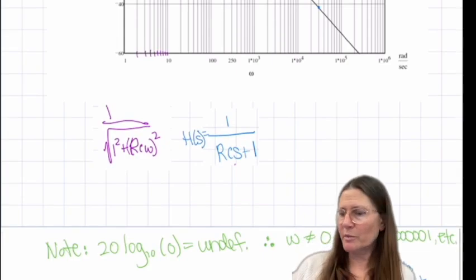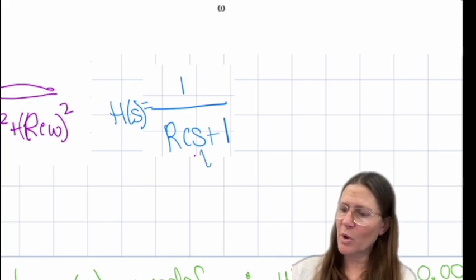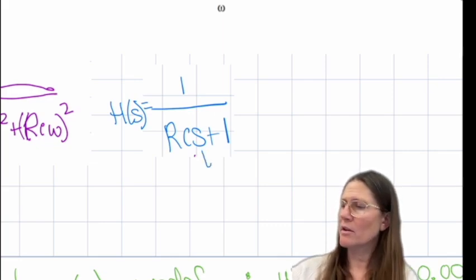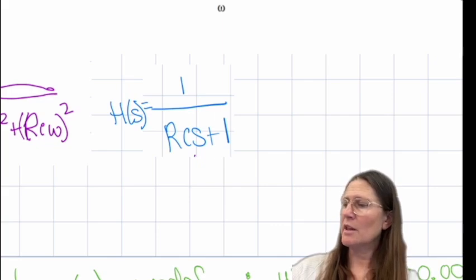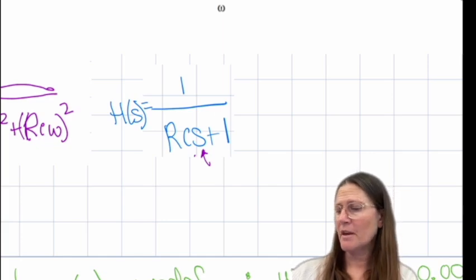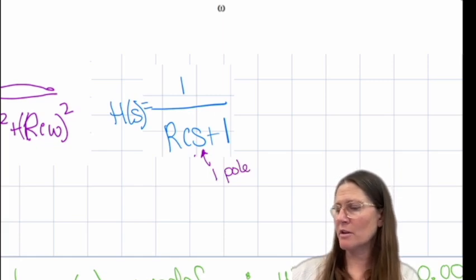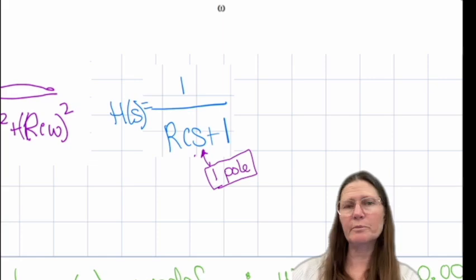So what I notice from this is that for one capacitor, I only have one S, and that S is in the denominator here. And when I'm in the denominator, these are called poles.